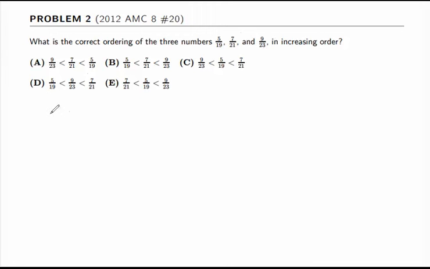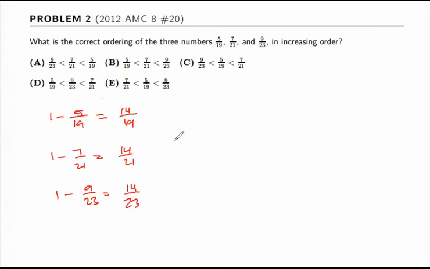So what I'm going to try is this: 1 minus 5 over 19, 1 minus 7 over 21, and 1 minus 9 over 23. If you do this, it is 19 over 19 subtract 5, which is 14 over 19. Then it is 21 over 21 subtract 7, so you get 14 over 21. And then this is going to be 14 over 23, which is interesting.